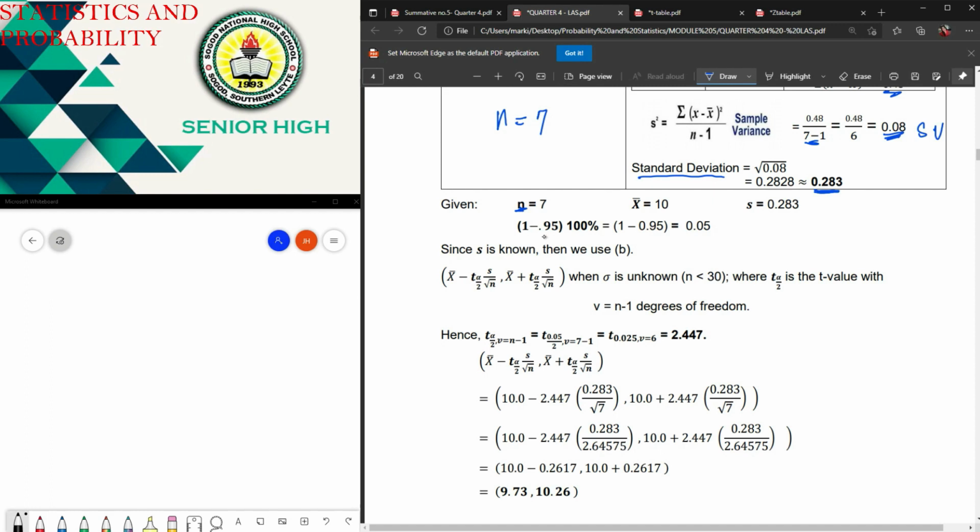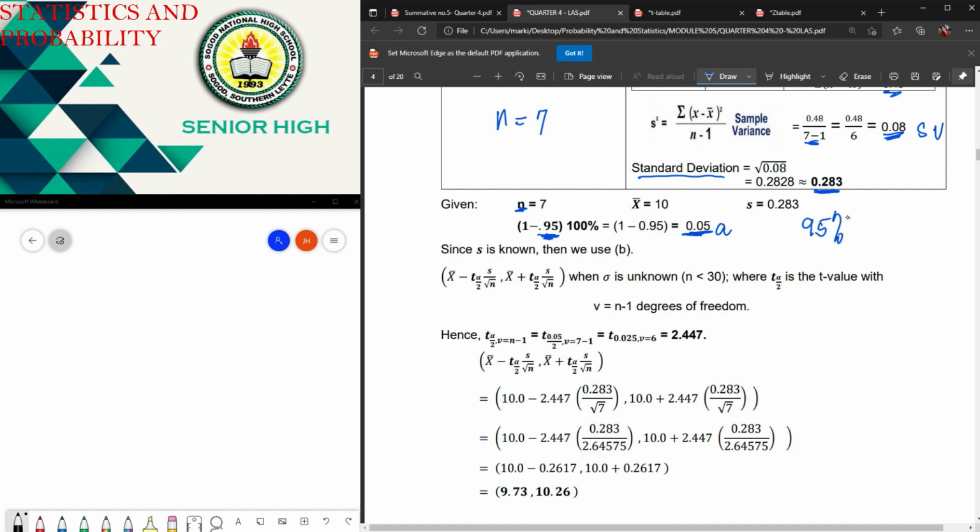Remember the alpha, you are given a percent confidence interval. The confidence coefficient, we have 95. So in getting that alpha, you just subtract it from 1. So 1 minus 0.95, so 0.05. That is your alpha. Again, do not be confused by 95%.